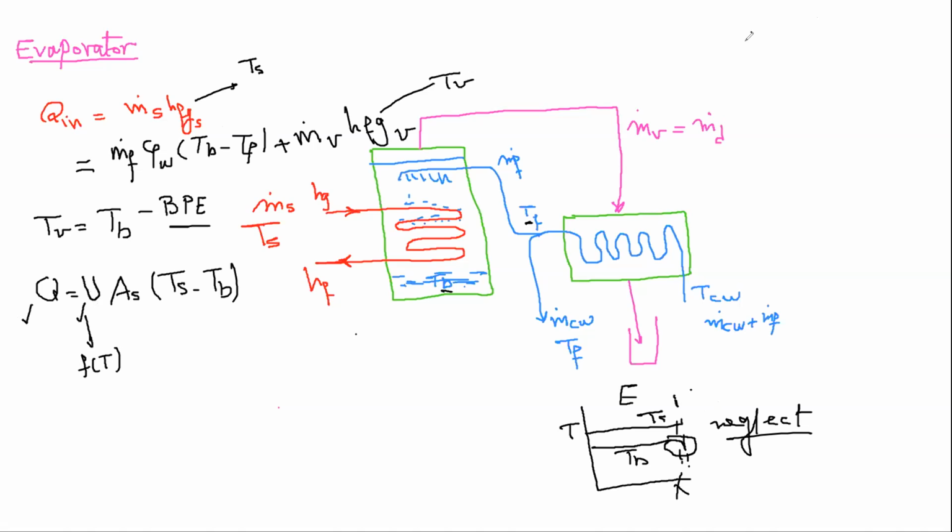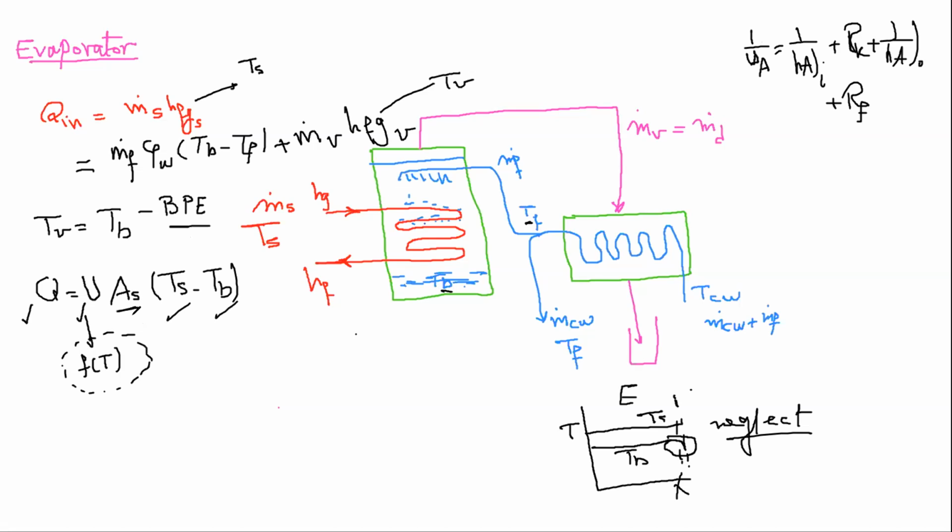Otherwise, you need to go back to the old formula that we have studied in heat transfer, that is 1 over hA on the inner side plus R conduction plus 1 over hA on the outer side plus R fouling if you have fouling there, and calculate the overall heat transfer coefficient in detail. But it is simpler to take this formula. It is not 100% accurate, but it comes with acceptable accuracy so that you can calculate the overall heat transfer coefficient. Ts is known, Tb is known, so you can determine how much is the surface area.